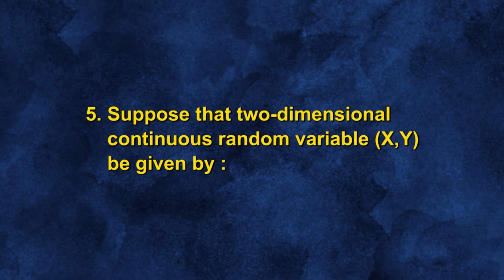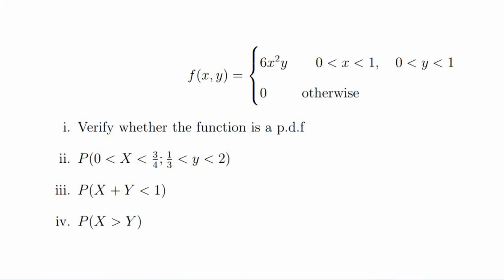Suppose that the two-dimensional continuous random variable x comma y is given by f of x comma y is equal to 6x square y defined in the range 0 less than x less than 1, 0 less than y less than 1, 0 otherwise.